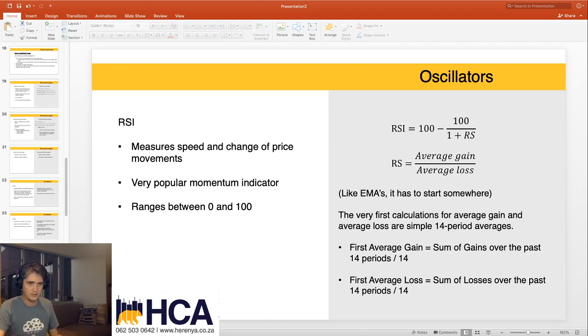I'm not sure it's necessary that we do that again, but basically we looked at how these calculations adjust for momentum. So we want to basically measure the speed of the change of price movements. It's a very popular momentum indicator. It ranges between 0 and 100, and it basically tells us the rate at which prices are changing, right?